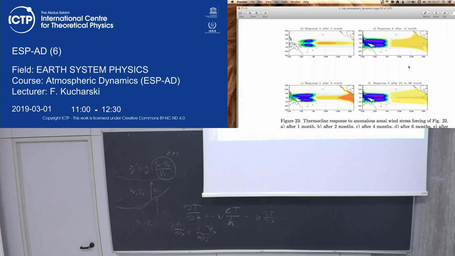Because we get a thermocline tilt, a change of the thermocline, only where we have applied our wind stress forcing, d tau by dx. Otherwise, the thermocline, as you can see here, is constant. But this leads to an interesting teleconnection, because our signal, the thermocline perturbation, goes away tens of thousands of kilometers.